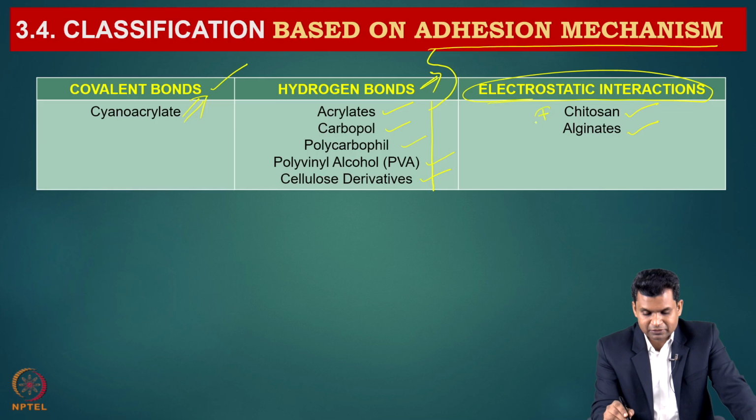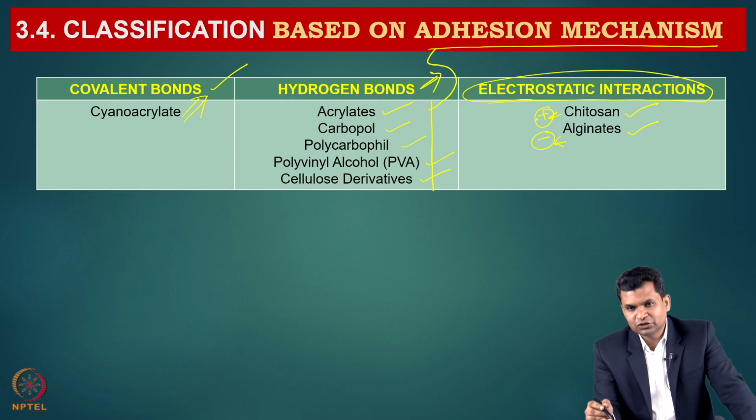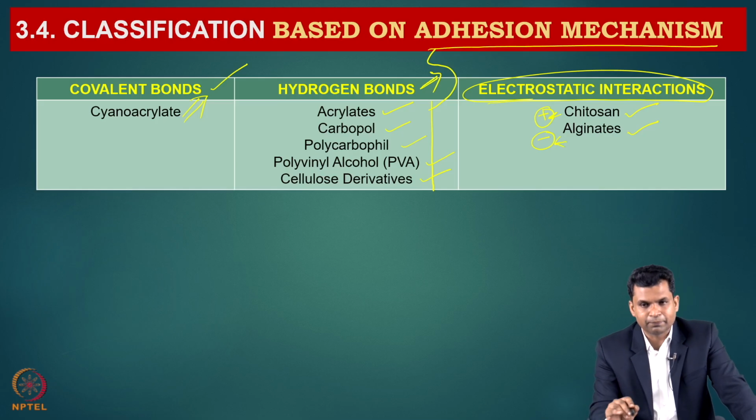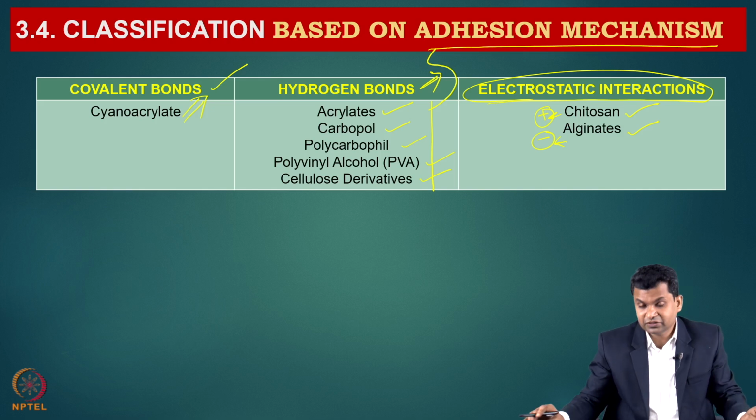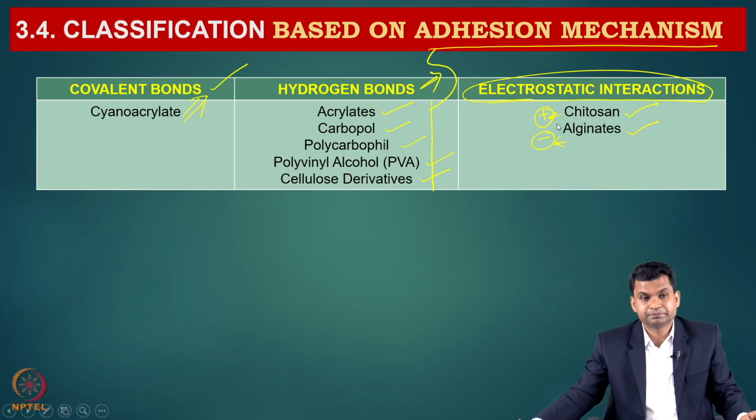Chitosan contains the positive charge, and the others will show negative charge in water. In such cases we need to interact with the mucin by using the opposite charge. So, this is the electrostatic interaction mechanism which is involved in the classification of the polymers.